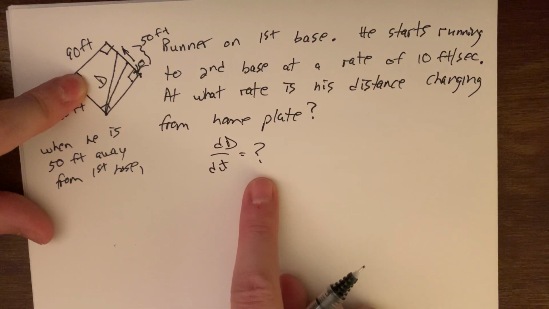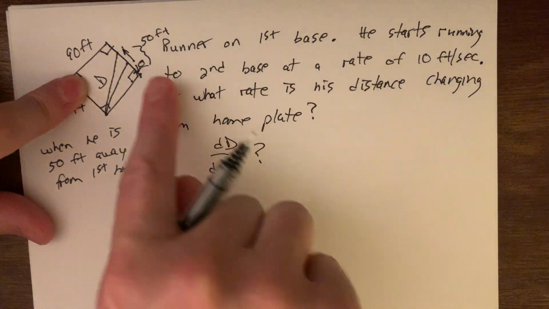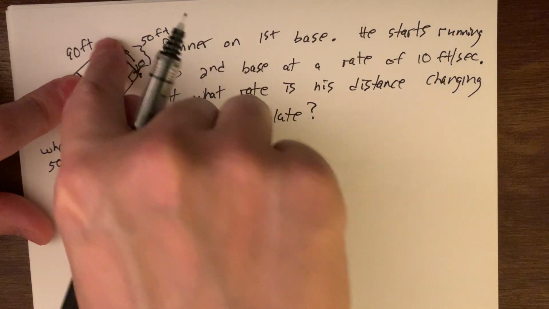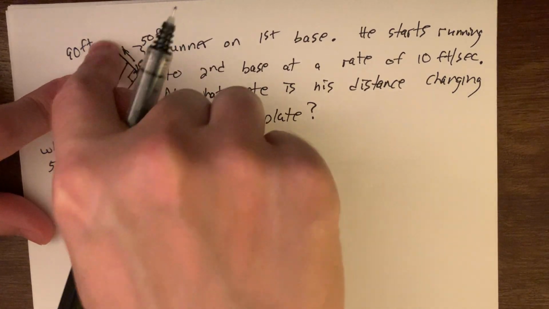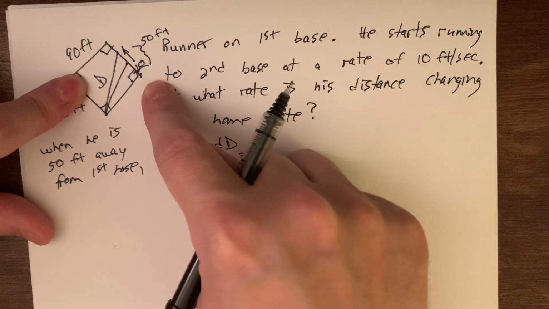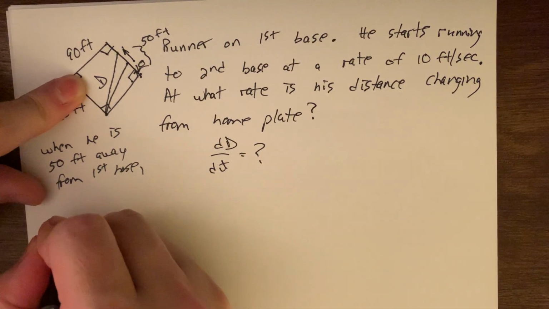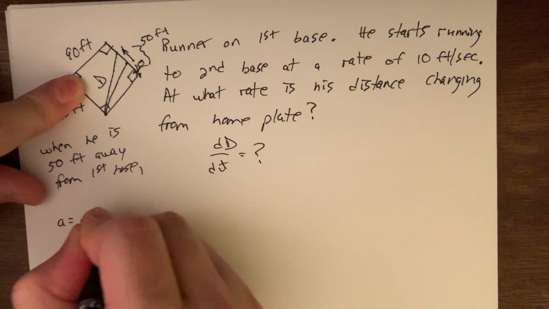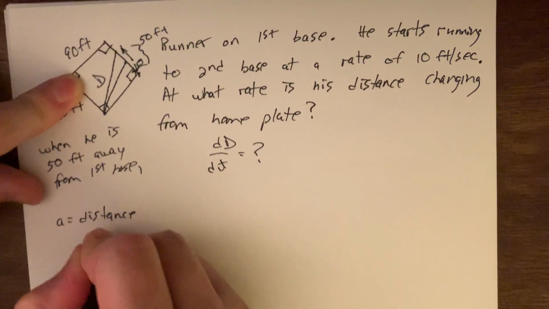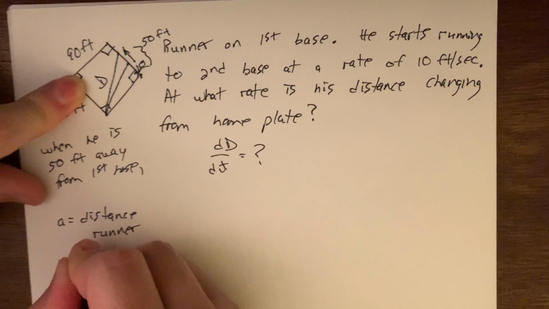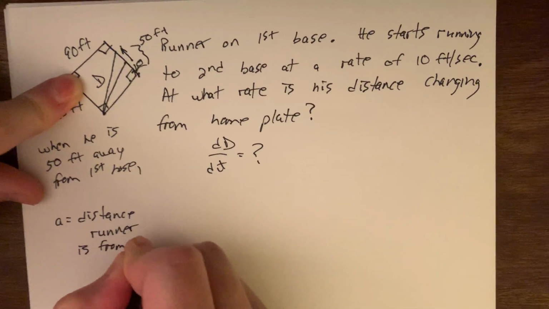But what else do I know? Right? Well, I come over here. Not only do I know this distance keeps changing, but now maybe I just want to use a letter for that. So I'm going to introduce A is the distance the runner is from first base.